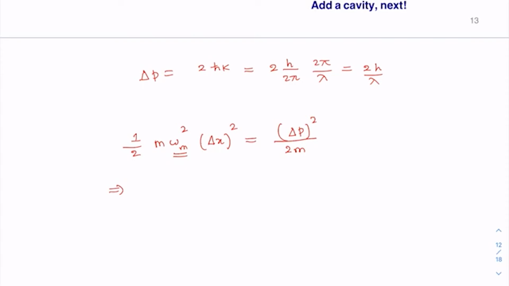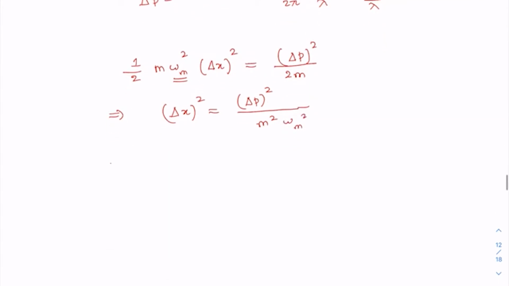So from here I can write delta x square is equal to, taking m square to that side, delta p square divided by m square omega m square. So this will give me the displacement of the mirror.